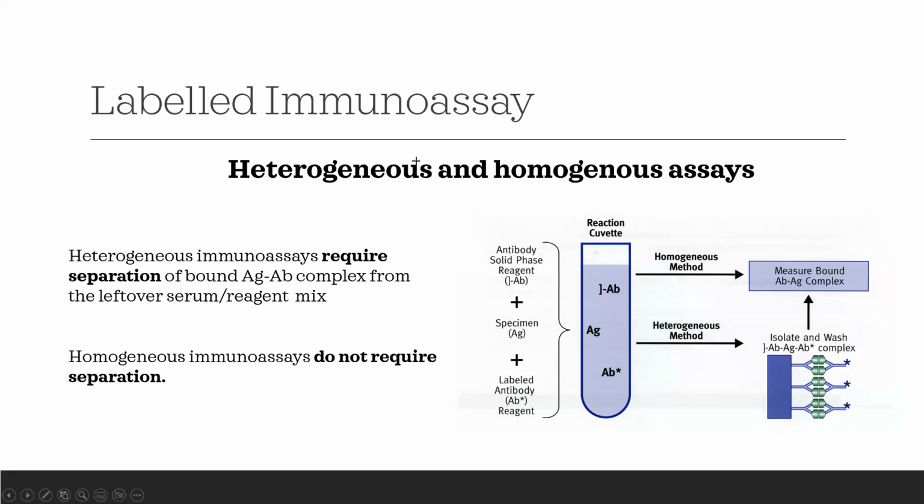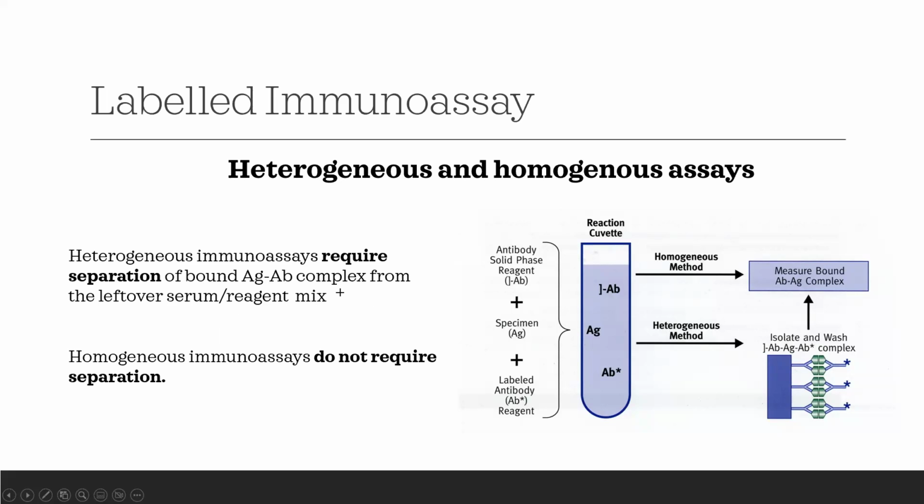This one is heterogeneous versus homogeneous assay. What is the heterogeneous assay? A heterogeneous assay is an immunoassay that requires a separation. Basically, after the antigen and antibody complex is formed, there will be an isolation and wash step to separate this complex from the leftover mixture.